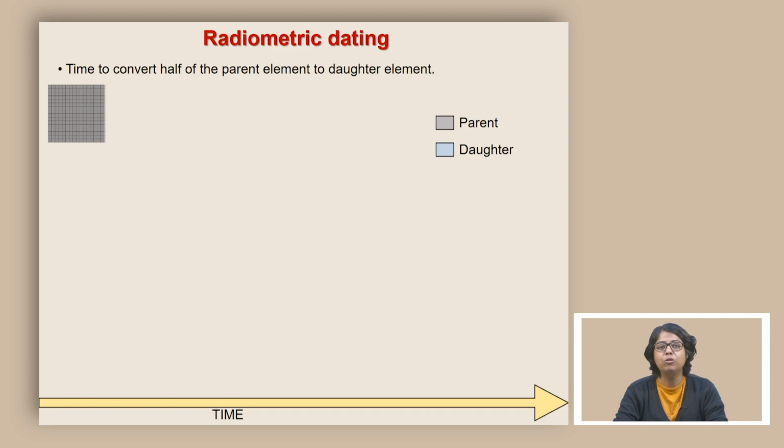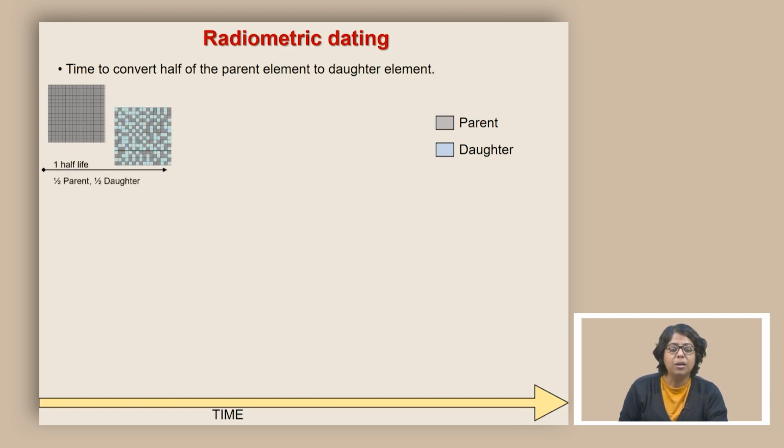But it is important to recognize that if we are looking at one particular atom, it is not possible to say whether that particular atom is going to decay or not. So we look at the entire population and say that after a specific time, the entire population is going to give us this half parent and half daughter element ratio.